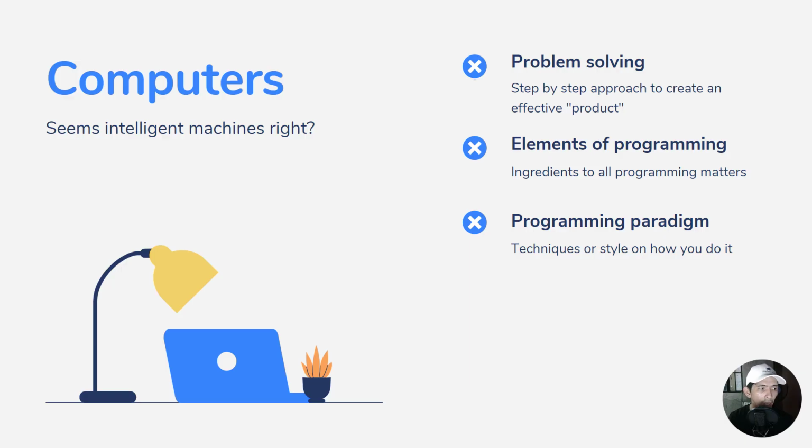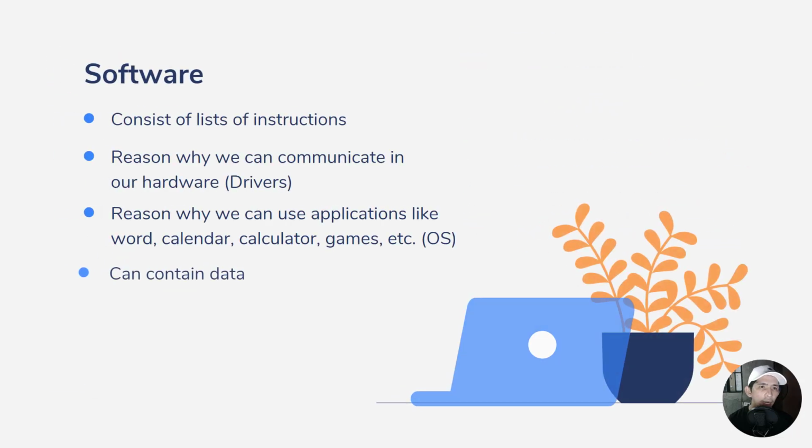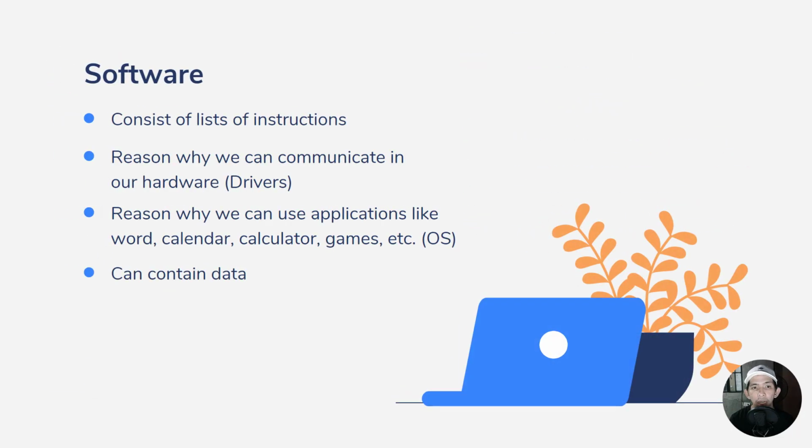So starting with muna tayo, software. Software consists of a list of instructions. Sabi ko nga kanina, pretty much useless ang isang computer kung wala siyang software. And let's say we have Microsoft Word. That is an example of software. Microsoft Word, calculator, calendar, games, video editing software, Photoshop, yung mga yan, those are software.